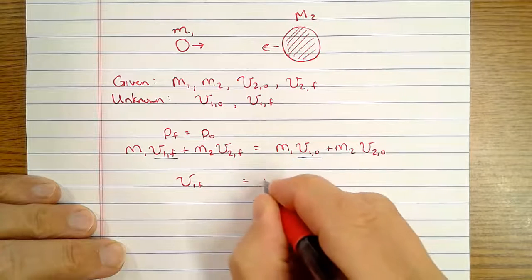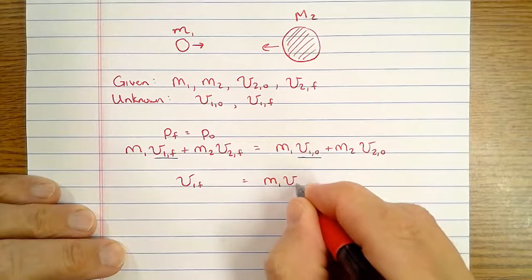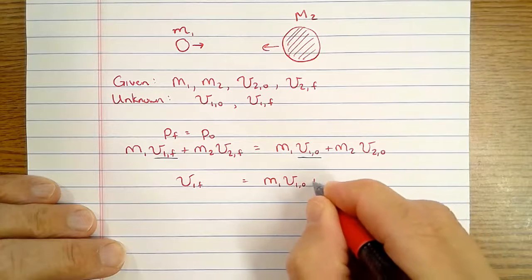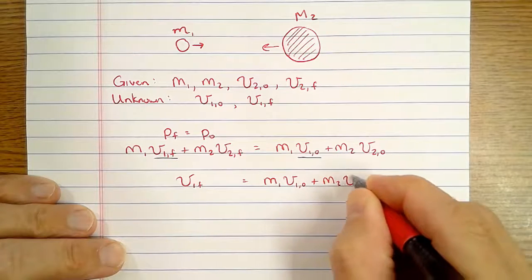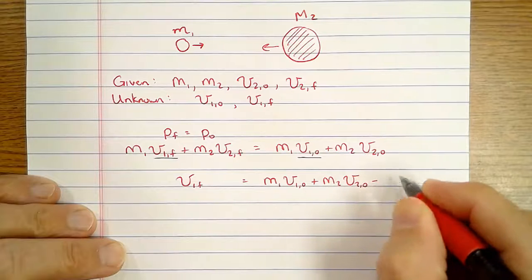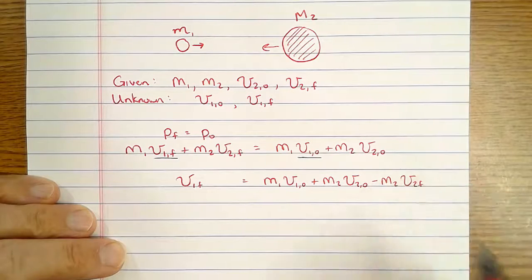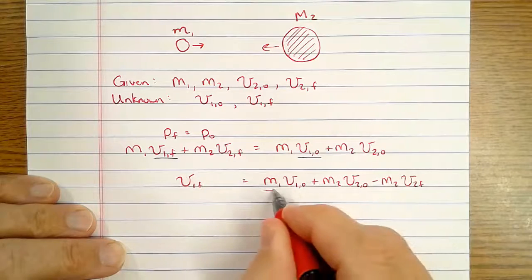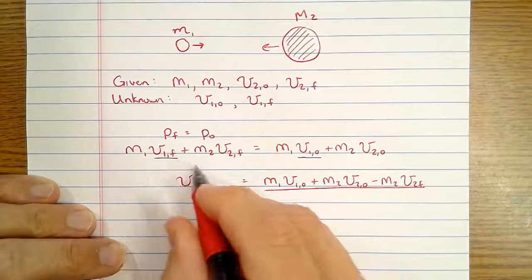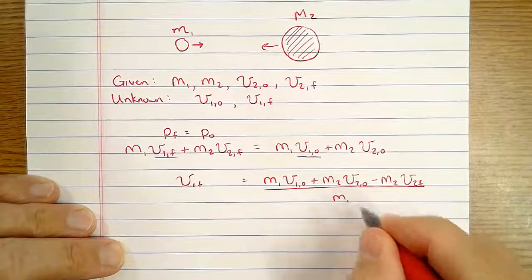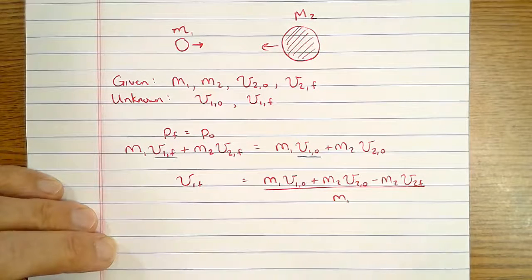I'm going to have M1 V1 initial plus M2 V2 initial minus M2 V2 final, because I brought that to the other side, and then all of that is going to be divided by M1. Okay, so I'm going to use that in a little bit.